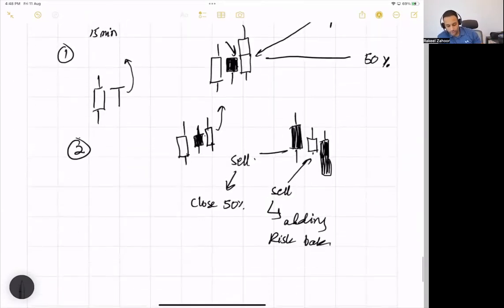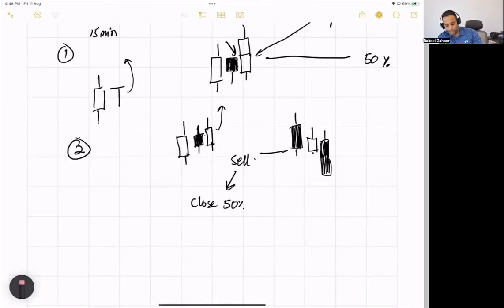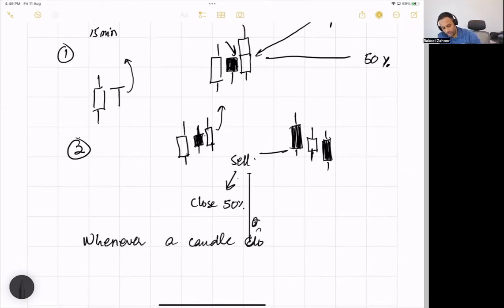Okay, so let's say, for example, we had a wick right here, then you're waiting for the candle to close. Oh, I ran out of ink.